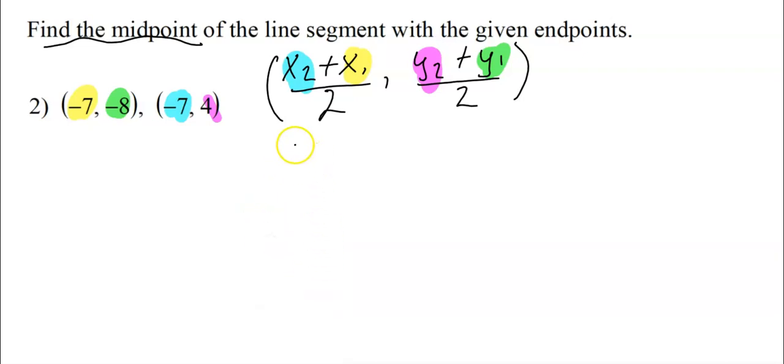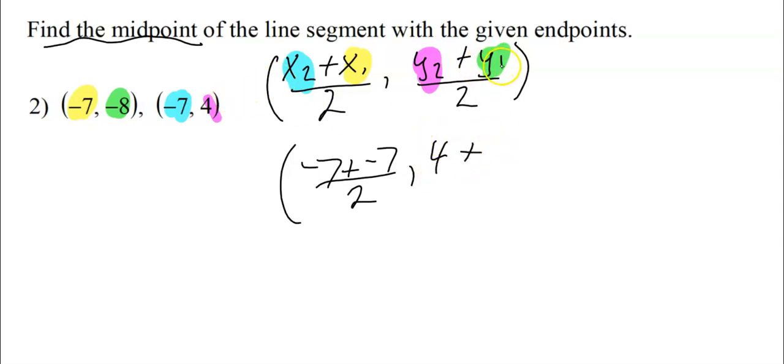Okay, so going back to my formulas, I'm going to do blue plus yellow. Blue, -7, plus yellow, -7, divided by 2. Now I'm going to do magenta, 4, plus green, -8, divided by 2.